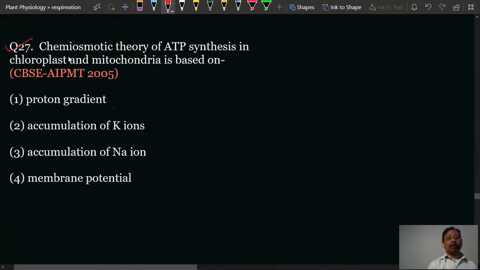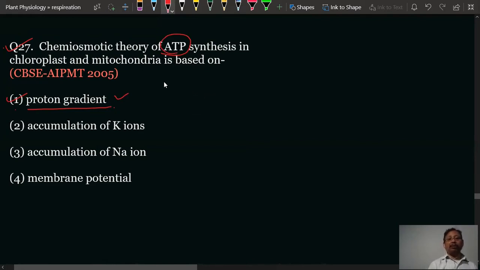Question 27. Chemiosmotic theory of ATP synthesis in chloroplast and mitochondria is based on proton gradient. For ATP synthesis, a proton gradient is developed across the membrane.